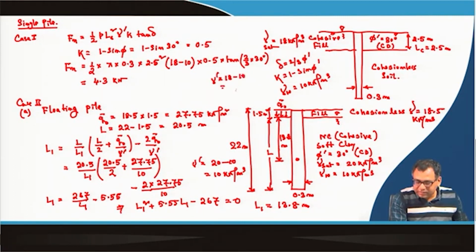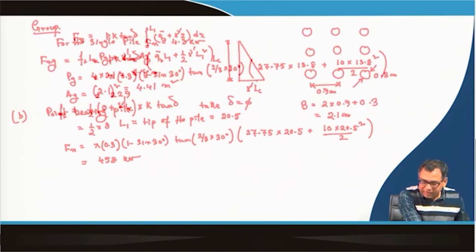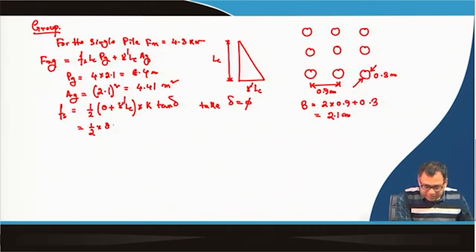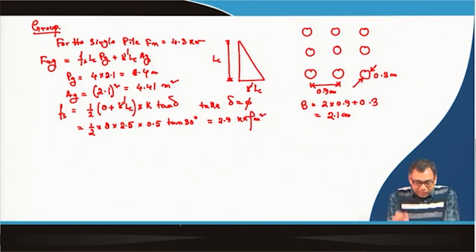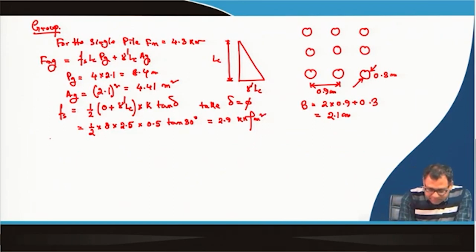So this is 8 kilonewton per meter cube. Gamma dash is 8 into Lc, where Lc is 2.5 in that problem, K value is 0.5, and this is tan 30 degree. So this will be 2.9 kilonewton per meter square. Now we have to multiply with that value.